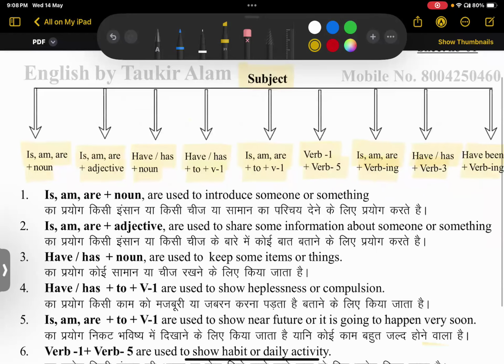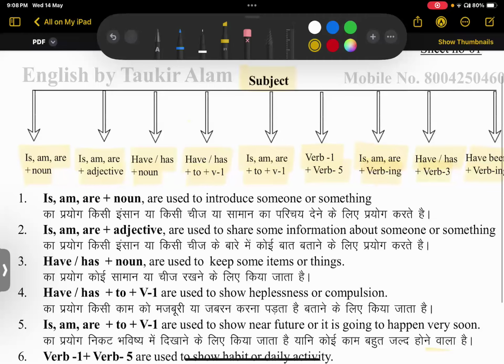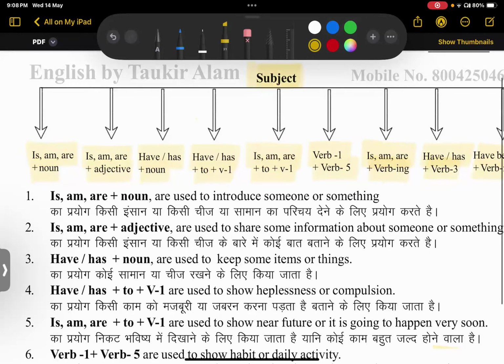Dear student, very first let's talk about subject plus is/am/are plus noun. After the subject you will speak is/am/are plus noun, which is used to introduce someone or something. For example, there is someone or something and you want to introduce, that is, tell who he is.